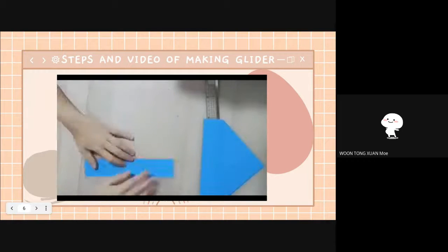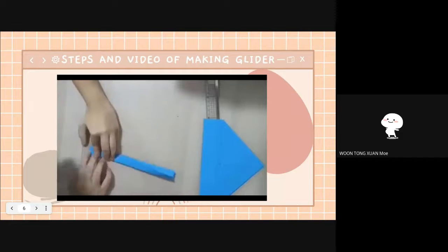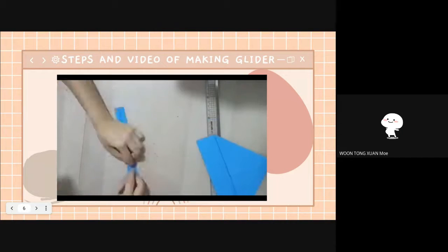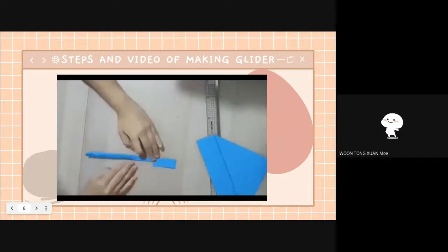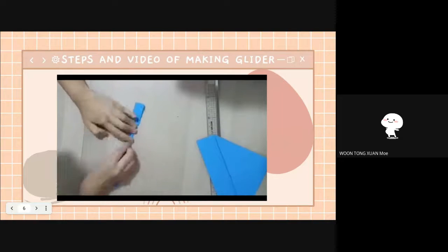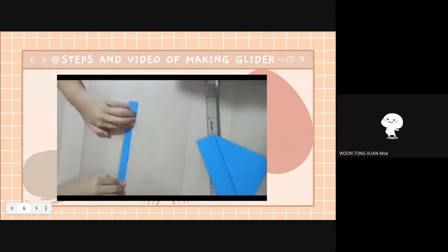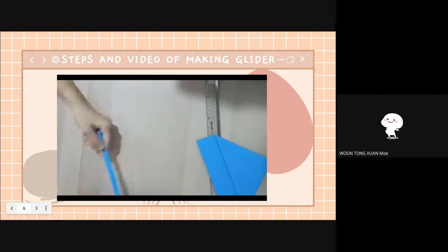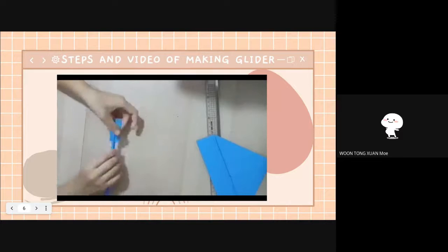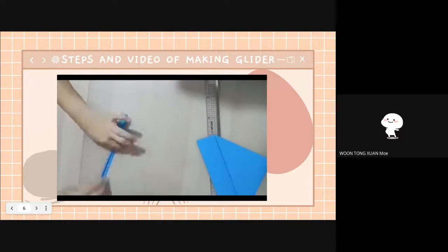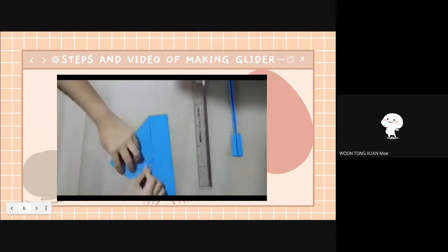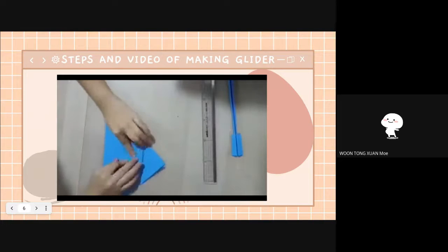The paper disc that I cut off is to make the fuselage. And this is the body of the glider.